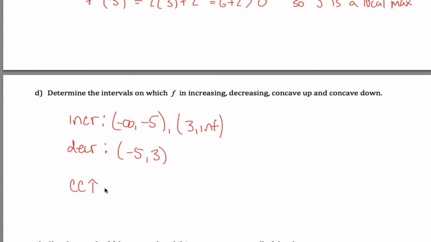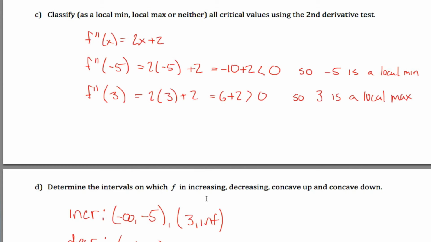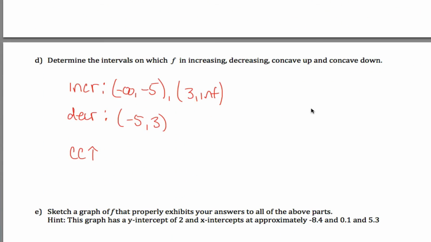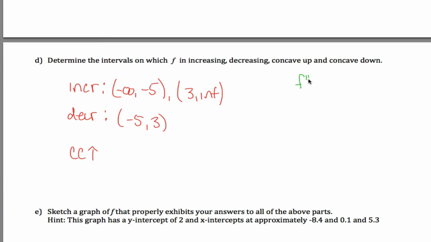What about concave up? Well, look at our second derivative here, 2x plus 2. F double prime of x equals 2x plus 2. I want to figure out when it's concave up, I want to know when 2x plus 2 is greater than 0.